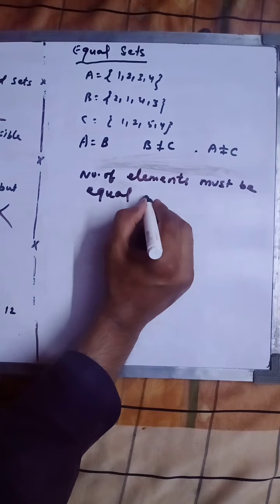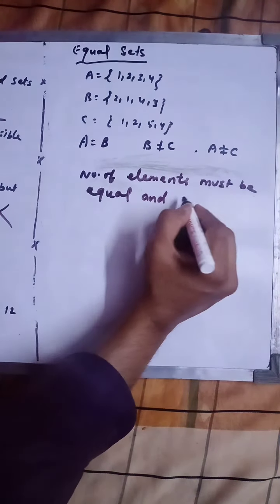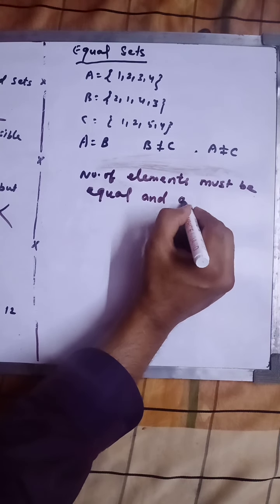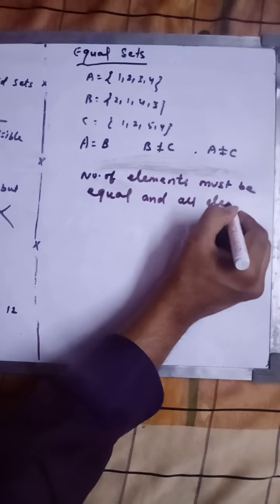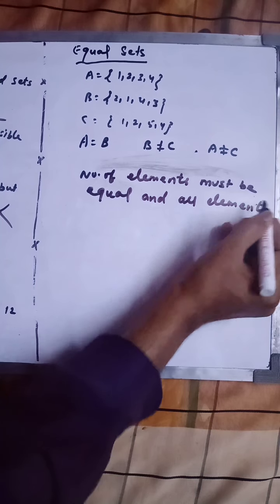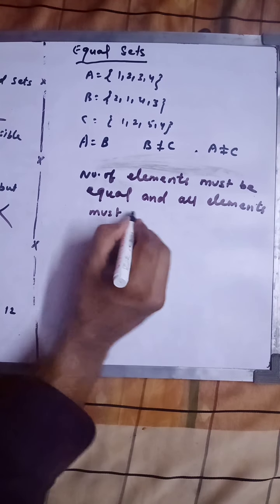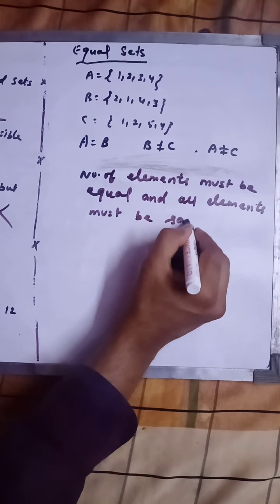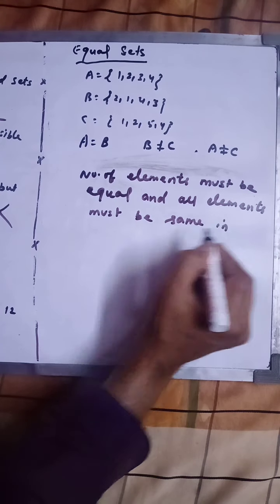Number of elements must be equal and elements must be the same in any order.